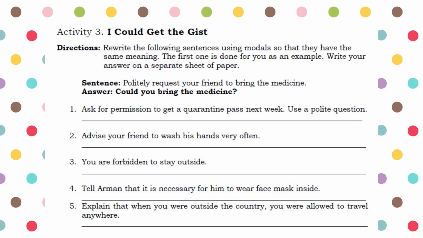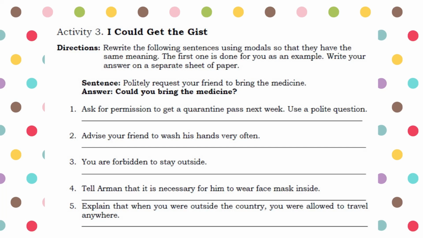Now it's your turn. Let's have number 1. Ask for permission to get a quarantine pass next week. Use a polite question. Number 2. Advise your friend to wash his hands very often. Number 3.